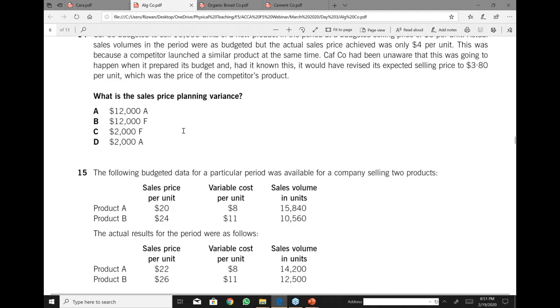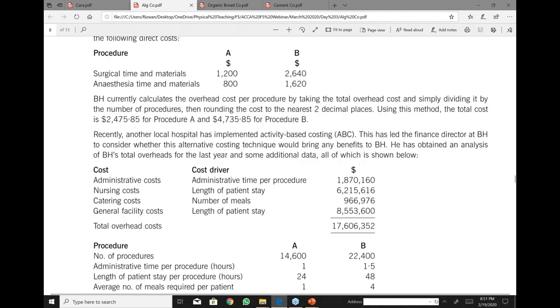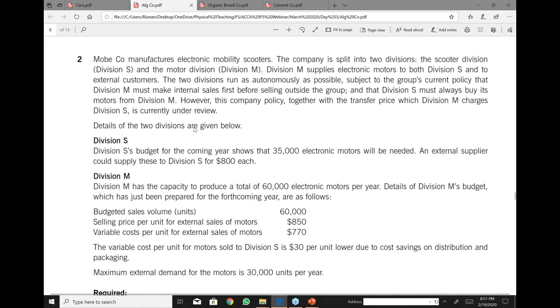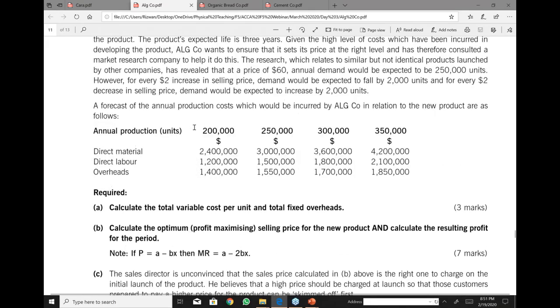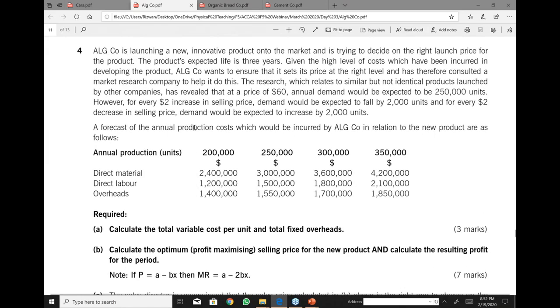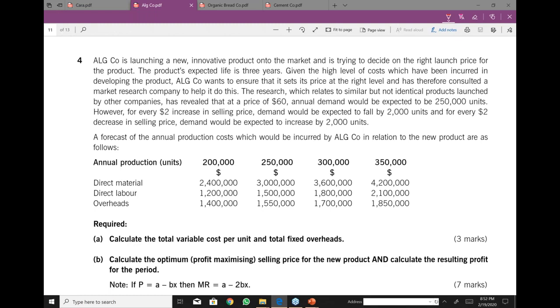Let's see what we have here in the question of ALG. Okay, here we have the question. Let's just mark things. It says that the company is launching a new, innovative product onto the market and is trying to decide on the right launch price for the product.